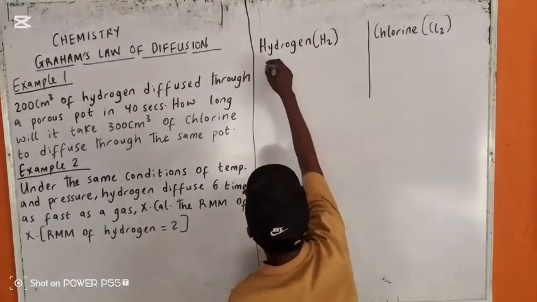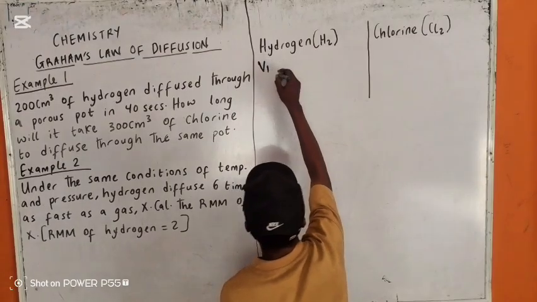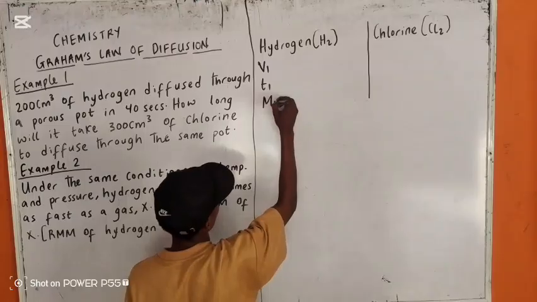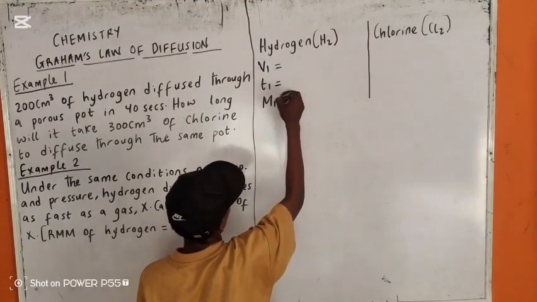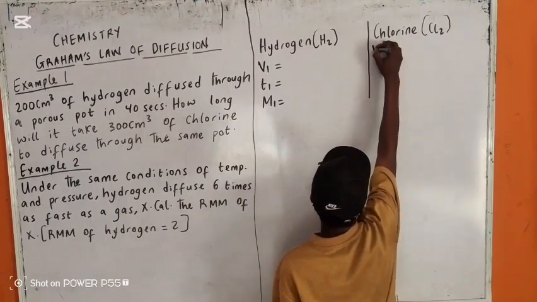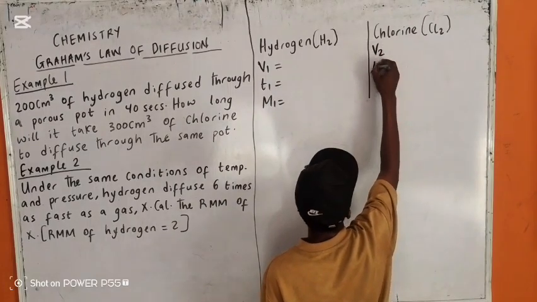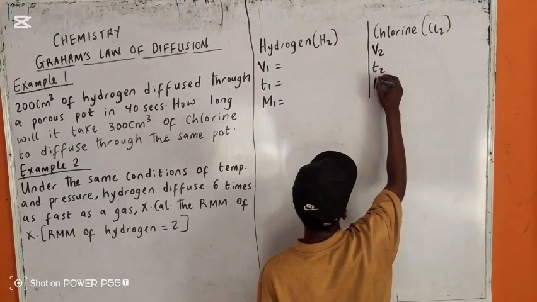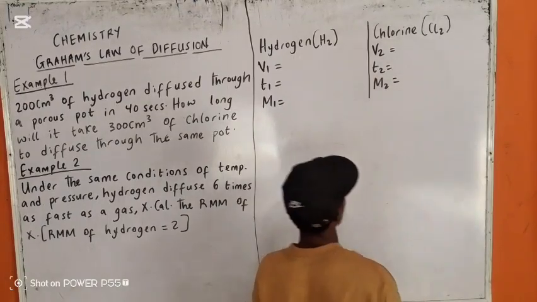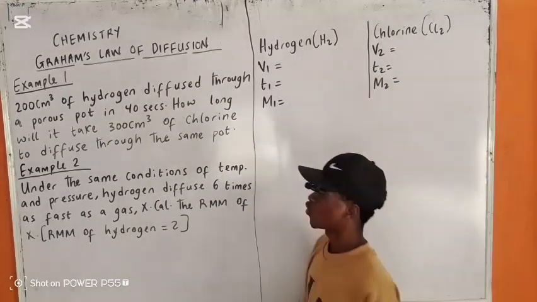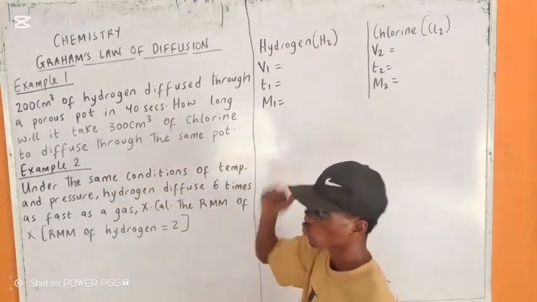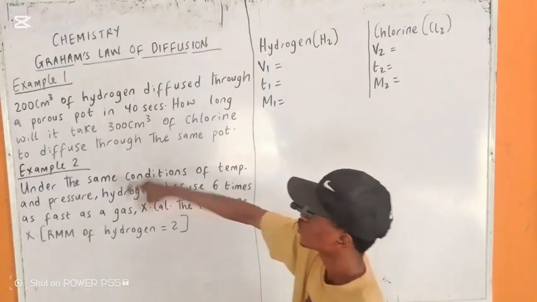So our V1, T1, and M1 all belong to hydrogen, and V2, T2, M2 all belong to chlorine. What comes first belongs to hydrogen. What follows belongs to chlorine.